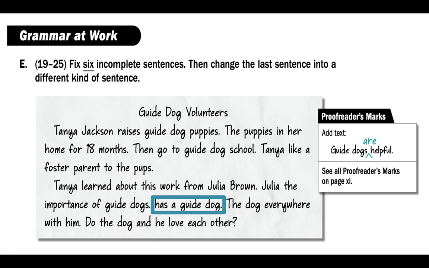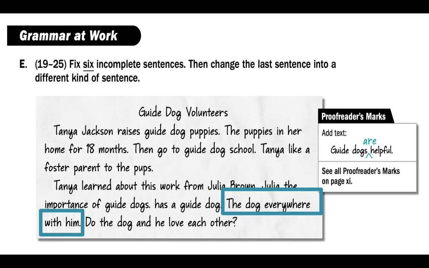This is a predicate, but there is no subject. We do not know who or what has a guide dog. We do, however, know that it is Julia's brother. I hope you chose to write her brother or Julia's brother or the boy has a guide dog. Whatever words you chose, I hope you added a subject to this sentence.